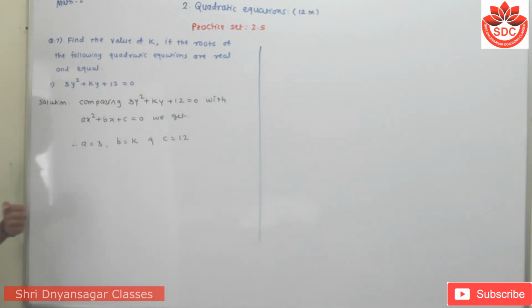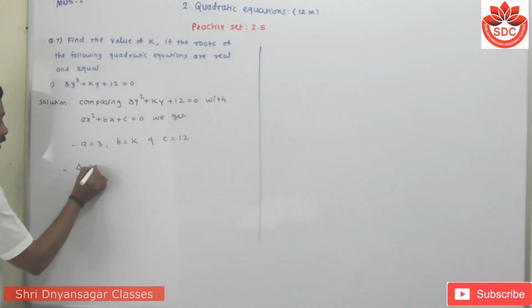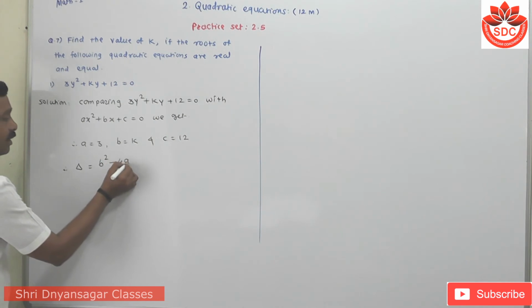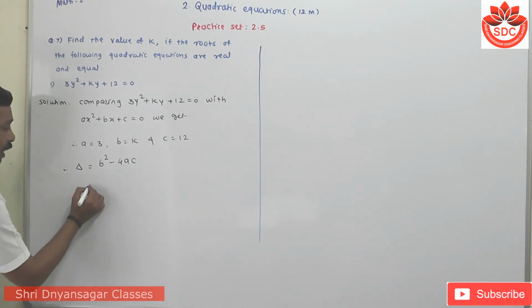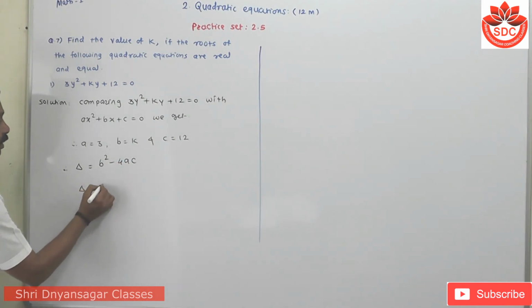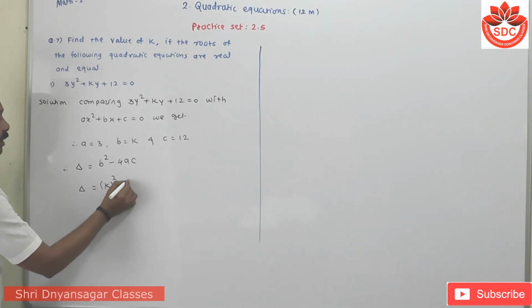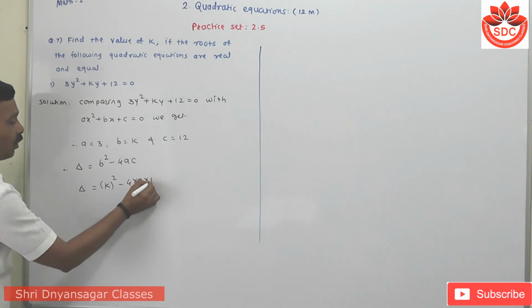Therefore, for this we also have to find the value of delta. Delta is equal to b square minus 4ac. The value of b square is k square, minus 4 into 3 into 12.